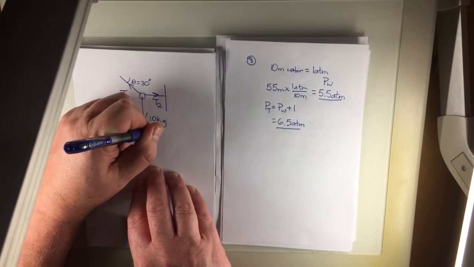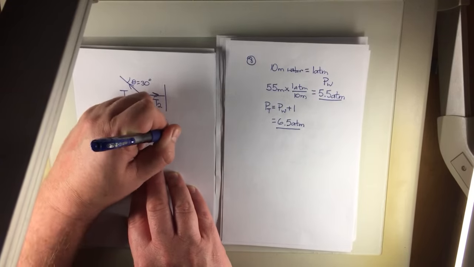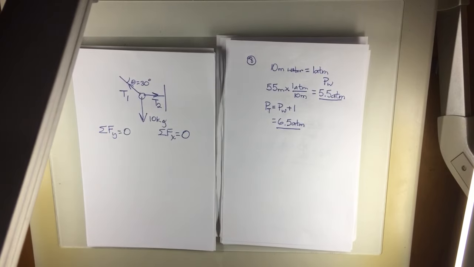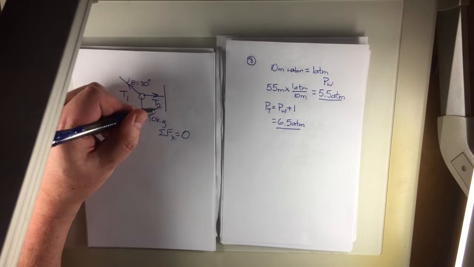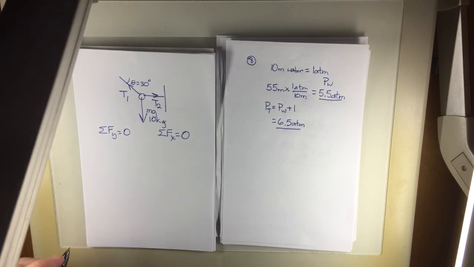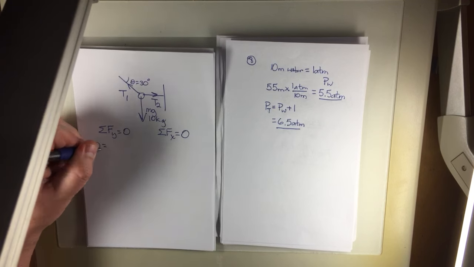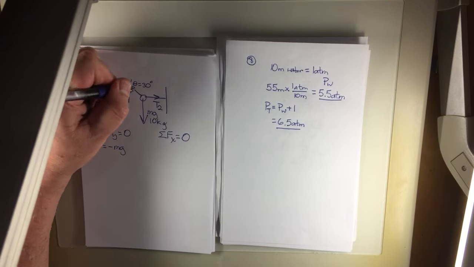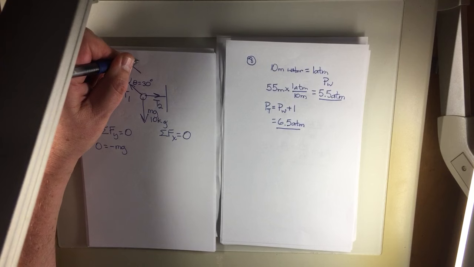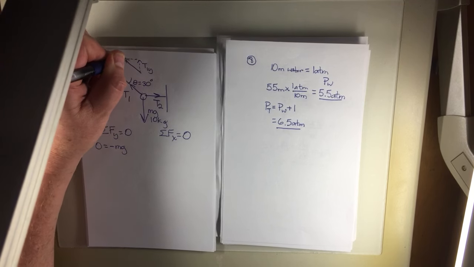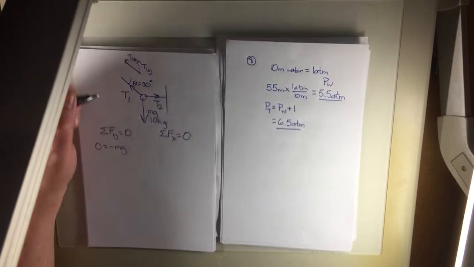Sum of the forces in y is equal to 0, and sum of the forces in x is 0. Now T2 and mg down are pure horizontal or pure vertical. So 0, you have minus mg, and then this particular T1 gets broken up into its components, T1y and T1x.